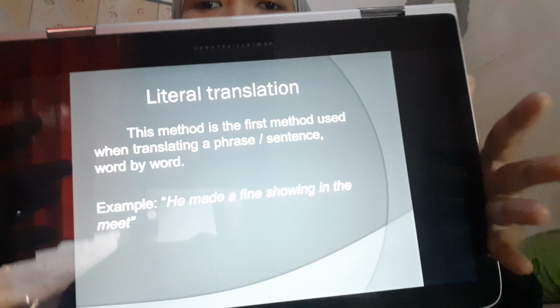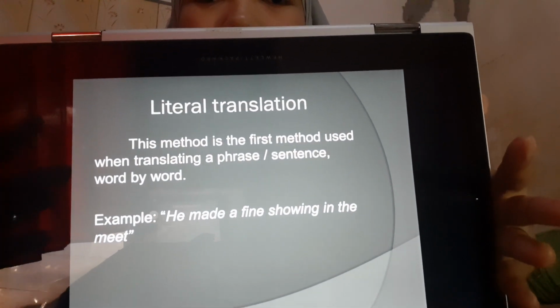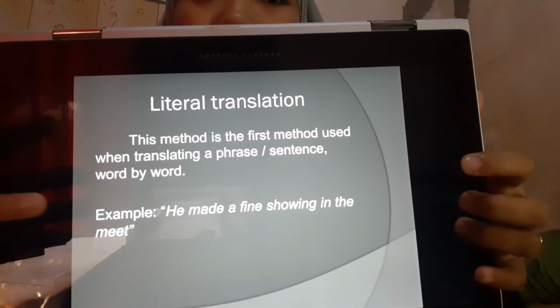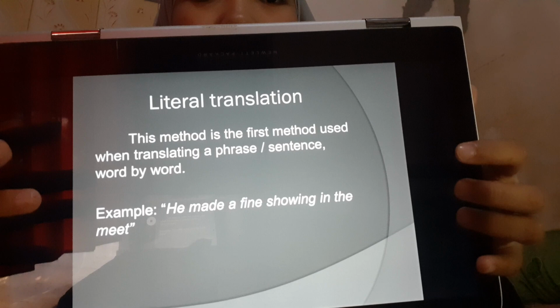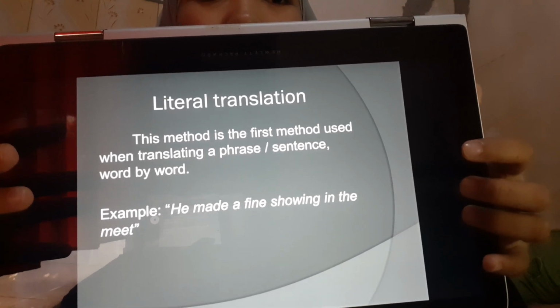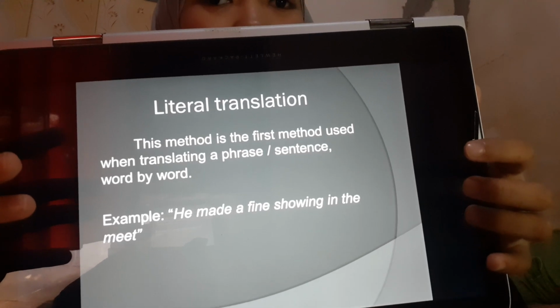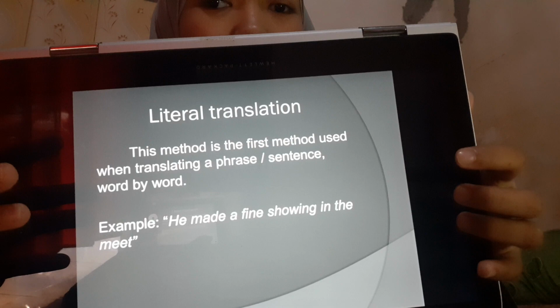I put here a sentence: He made a fine sewing in the meat. So here you will translate he. What is the meaning of he in Bahasa? He is dia. Made is membuat. A fine sewing is a phrase, so pertunjukan yang bagus, in the meat.